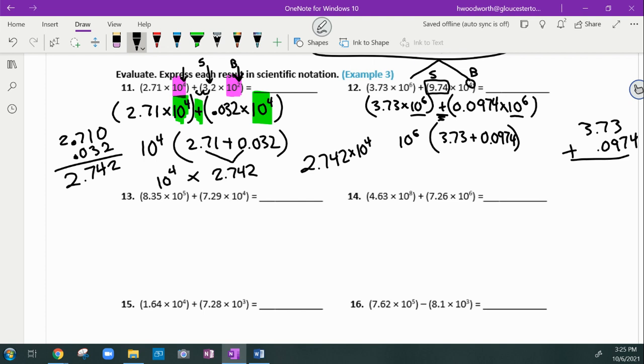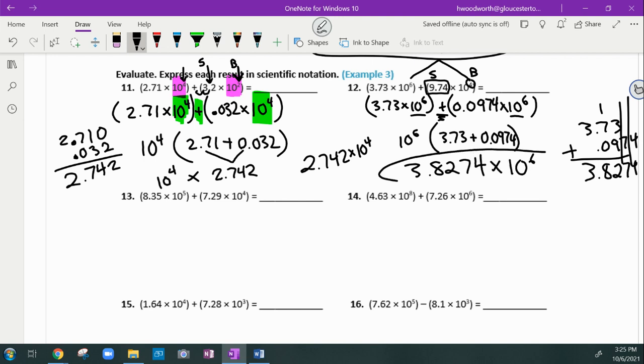And I get, I'm just going to write it in scientific notation because I know that this answer is going to be... Sorry, I messed up my lineup, it's not very good. Anyway, that's 12, 1, 8.3. So my answer is going to be 3.8274 times 10 to the 6th. That's my answer here. All right, next one.